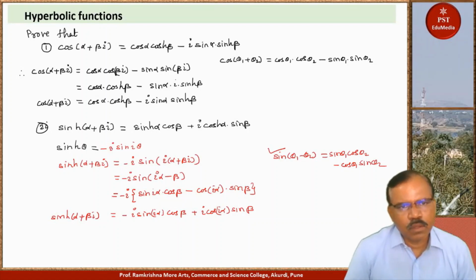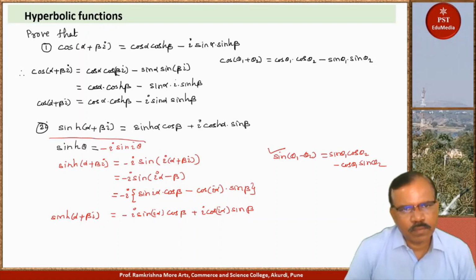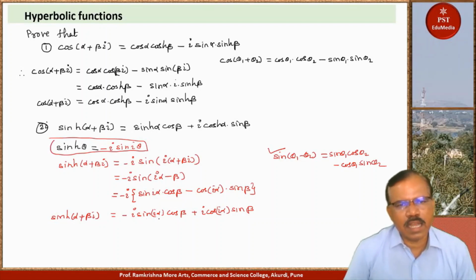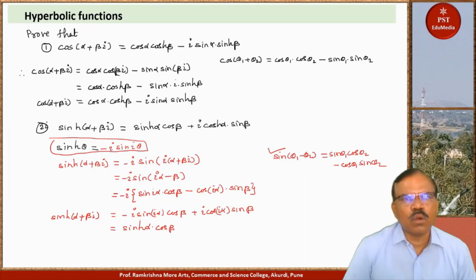Now see here, we have this identity minus I sin I theta. Here minus I sin I alpha, that is what, sin hyperbolic alpha into cos beta. Now here cos I alpha, we have here cos I theta is equal to cos hyperbolic theta.